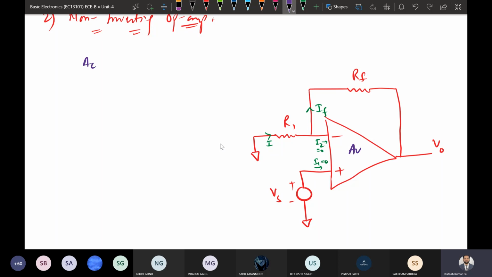So in this case also we are considering the closed loop gain is very less than the open loop gain. Okay, open loop gain here is AB. So open loop gain is very high than this, then virtual ground is valid. This is basically the approximate analysis.